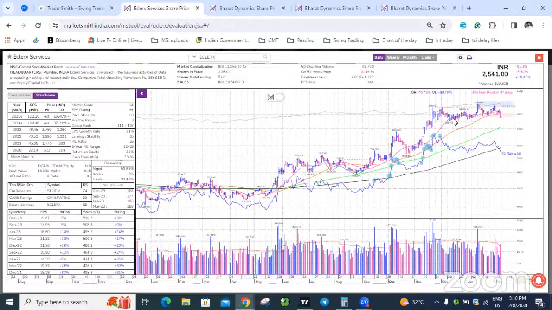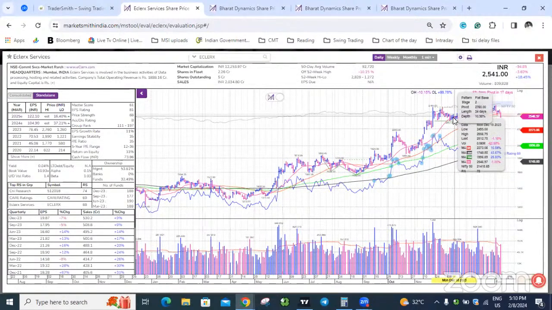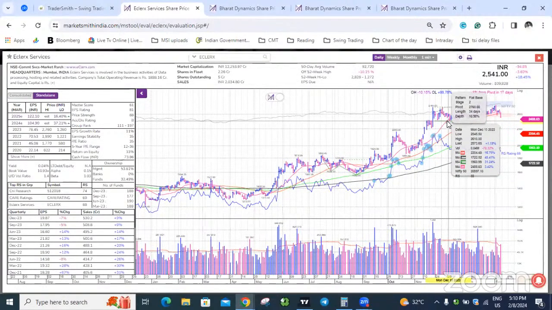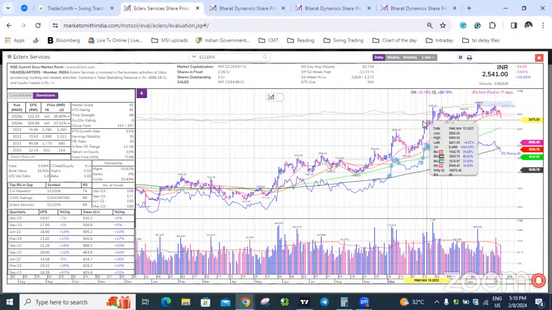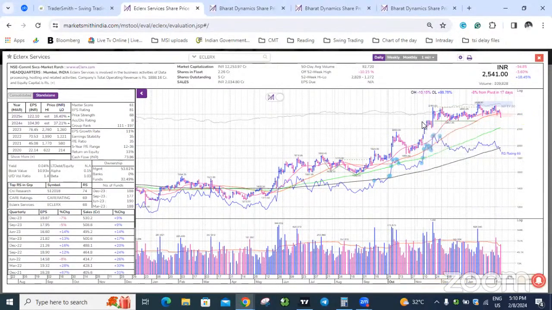So those who bought in this price range should strictly follow the stop loss, which is around the 2450 kind of level. Once it breaks below this level, there is a clear sell signal for Eclerx.